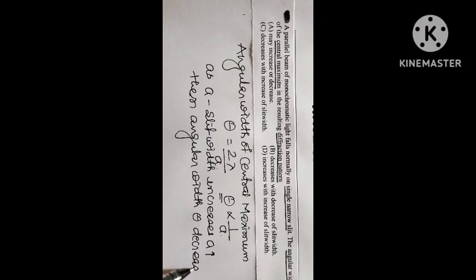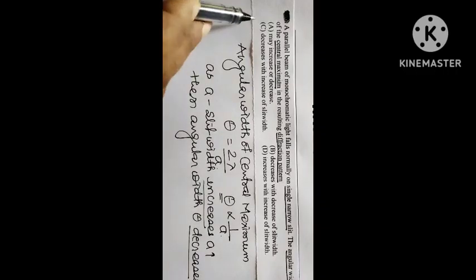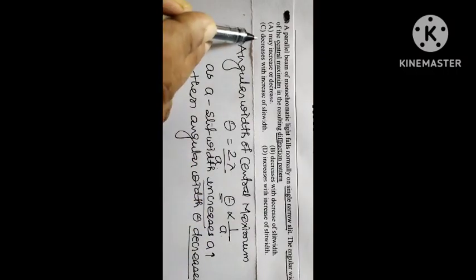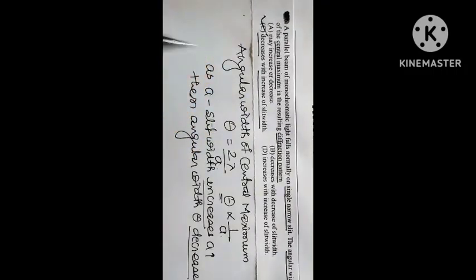So, as far as this question is concerned, the angular width of the central maximum in the resulting diffraction pattern decreases when slit width increases. Look at option C, angular width decreases with increase in slit width. So, C is the correct option.